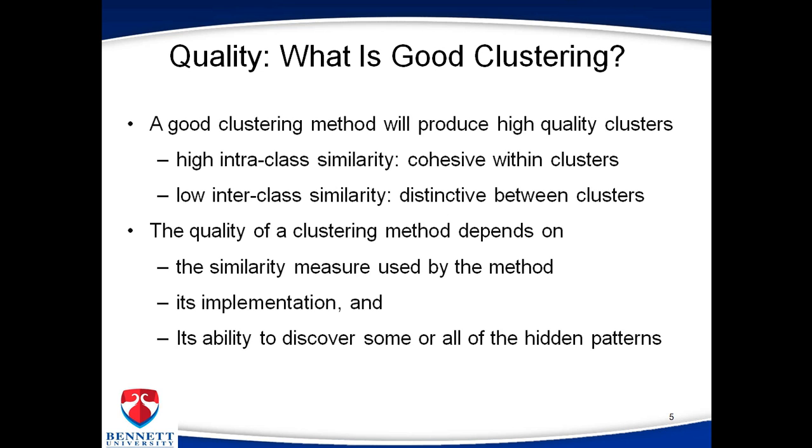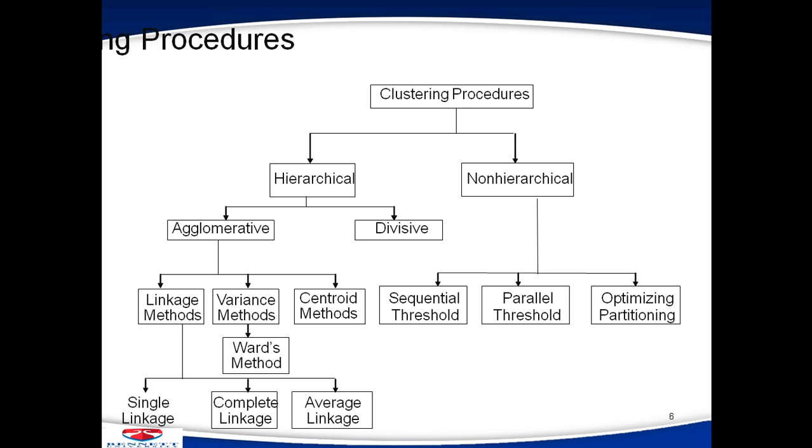And low inter-class similarity means that the distinction between the clusters should be clear. These are basically three parameters that make a clustering very good: the similarity measure used by the method and its implementation, and the ability to discover all of the hidden patterns.